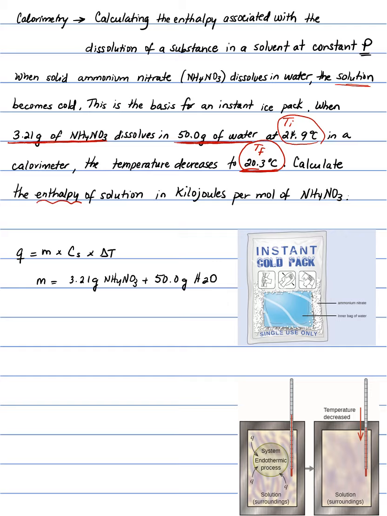Now, if you check, the problem is not giving you a value for specific heat. Usually you have a number that you can plug in, or the problem will tell you to assume that the specific heat for the solution is the same as water. Since the information for specific heat was not given in the problem, we're going to do the calculations assuming that the specific heat for the solution is equal to 4.184, which is the specific heat for water.